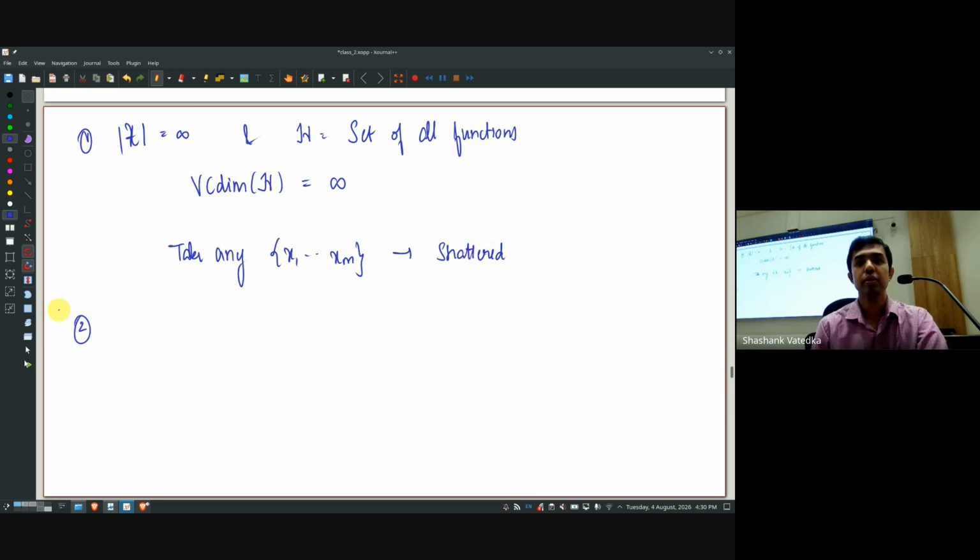Let's see the other extreme example, where again, let's assume that the cardinality of X could be finite or infinite, it doesn't matter. And H has H1 up to Hk. There are k functions in H. What can you say about the VC dimension of H?